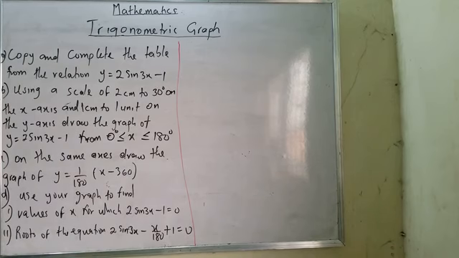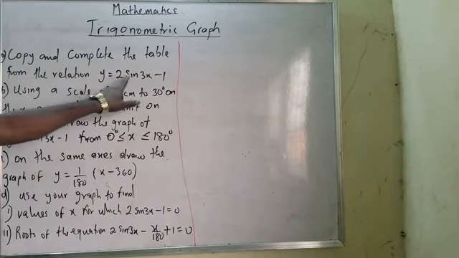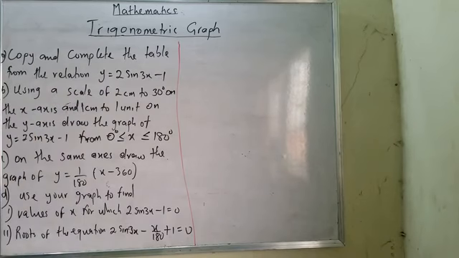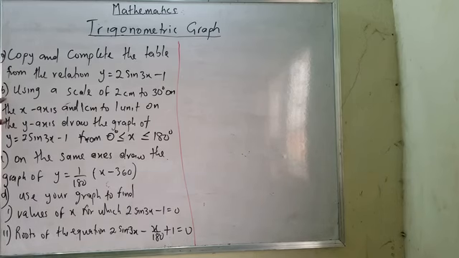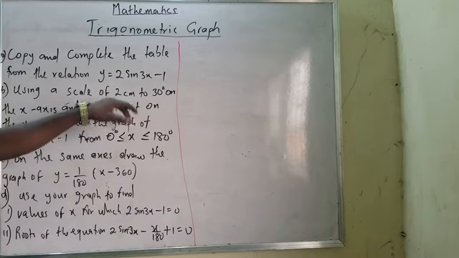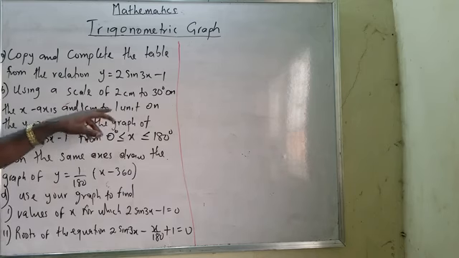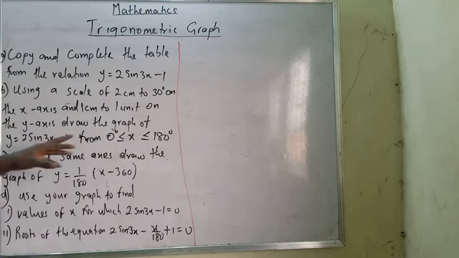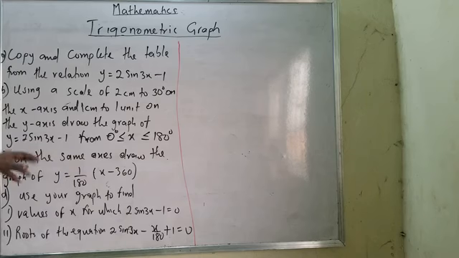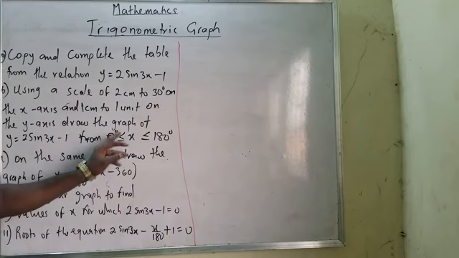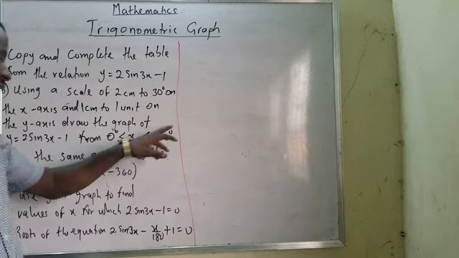The question says: copy and complete the table from the relation y equals 2 sine 3x minus 1. That is the first part of the question. The second part, B: using a scale of 2 centimeters to 30 degrees on the x-axis and 1 centimeter to 1 unit on the y-axis, draw the graph of y equals 2 sine 3x minus 1 from 0 degrees to 180 degrees.